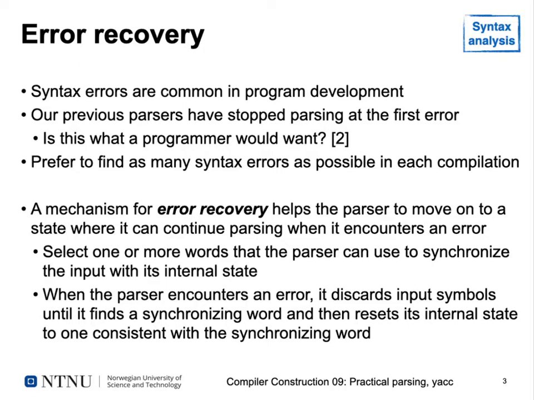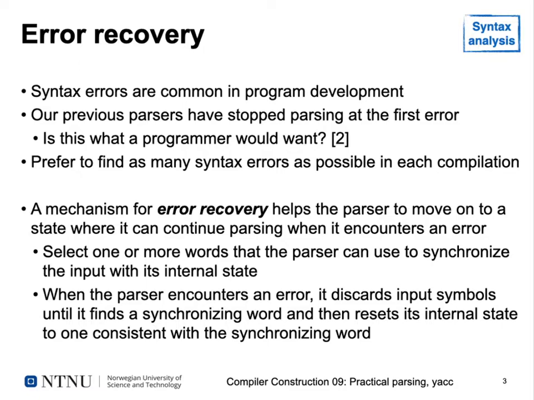So what we want is some mechanism to recover from errors we encounter when parsing, and such a mechanism helps the parser to move on to a new state where it can continue parsing when it encounters an error. So we need to select a couple of tokens or words that the parser can use to synchronize the input with its internal state, so that it can find a point from where to set up parsing once again, to create another subtree of our parse tree, for example.